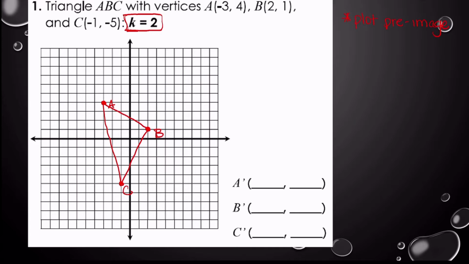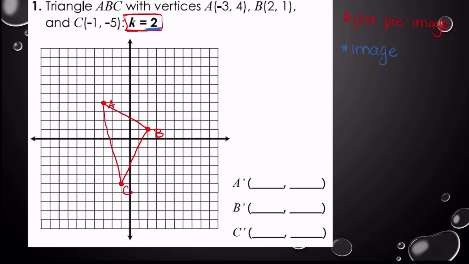Here is how mathematically I do my image. Now I'm going to plot my image in blue. Remember, my scale factor is 2. It's larger than 1, meaning it's going to be an enlargement, so my shape should be bigger. I'm making it bigger by 2.